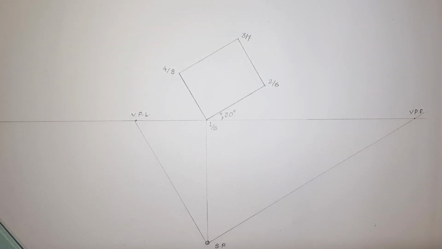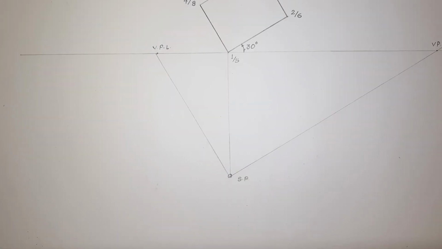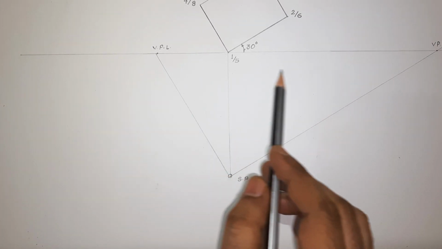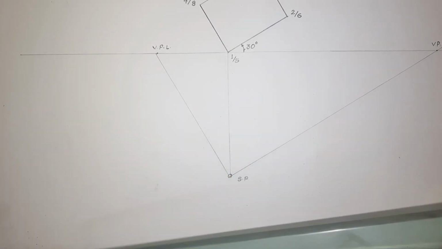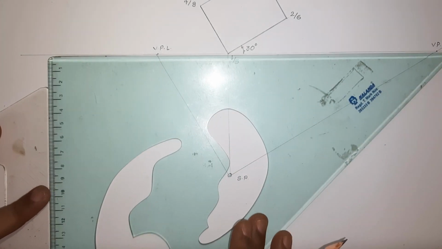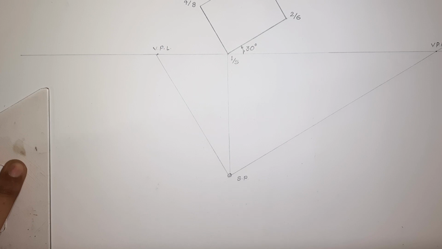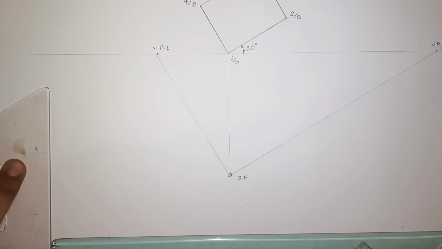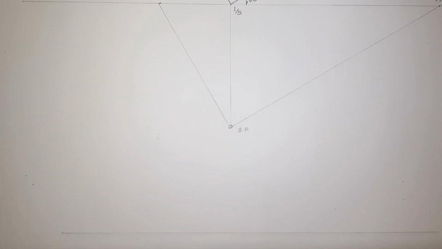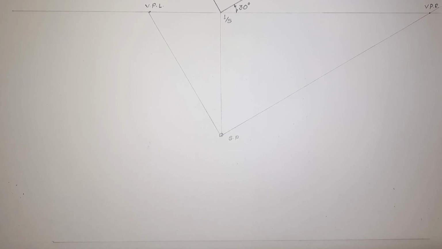After this, we have to draw a ground line. The ground line will be drawn parallel to this picture plane. Thus, this is the ground line.